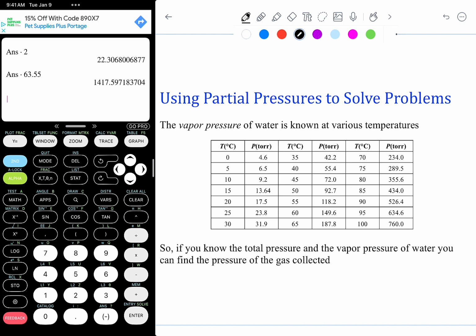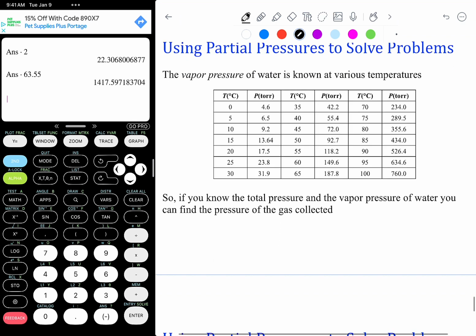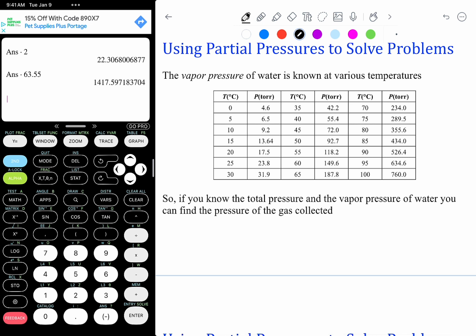More water will come out of that solution the higher the temperature is. But this means if you know the total pressure and the vapor pressure of water, you can then find the pressure of the gas by itself, because P total is going to be equal to P gas plus P H2O. We can measure both of those, meaning we can find that.